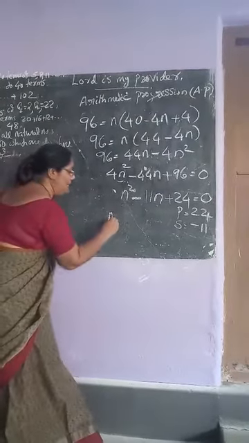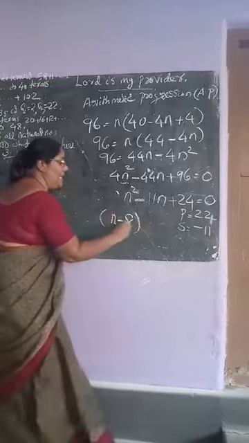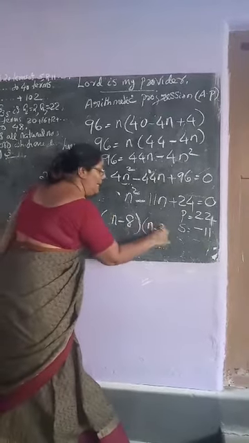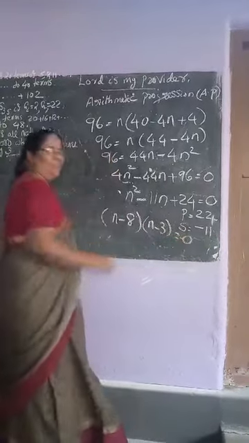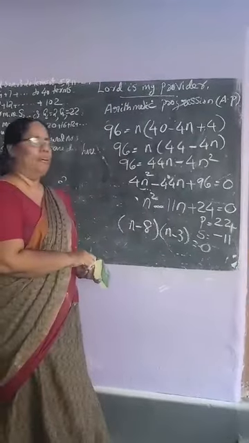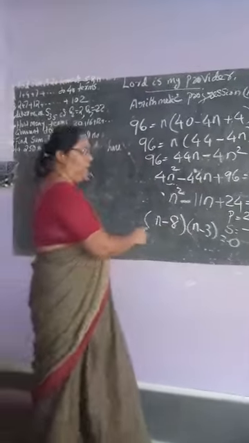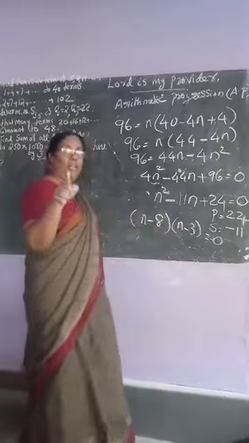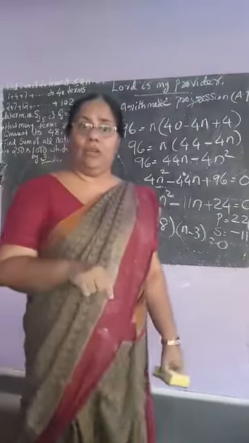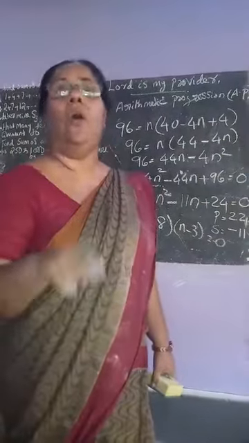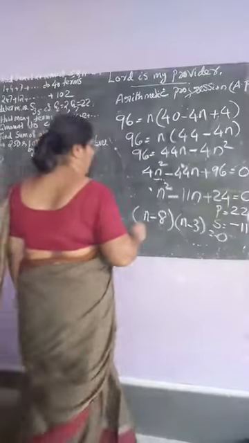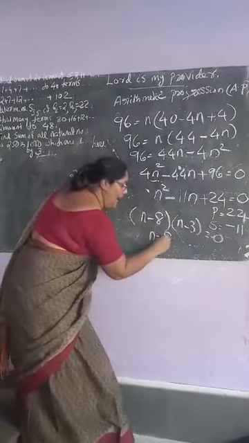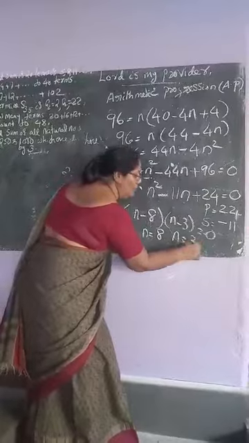Therefore, we can factorize it as n minus 8 into n minus 3 equal to 0. Splitting the middle term. That's the method used here. Therefore, if AB equal to 0, in maths AB equal to 0 means either A equal to 0 or B equal to 0. Therefore, n is equal to 8 or n is equal to 3.